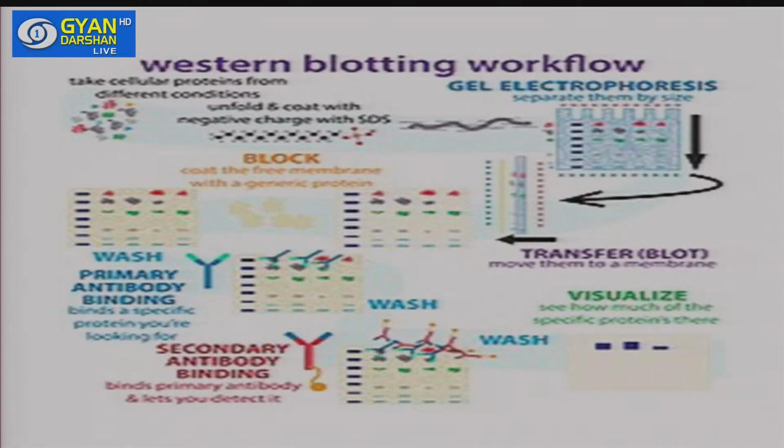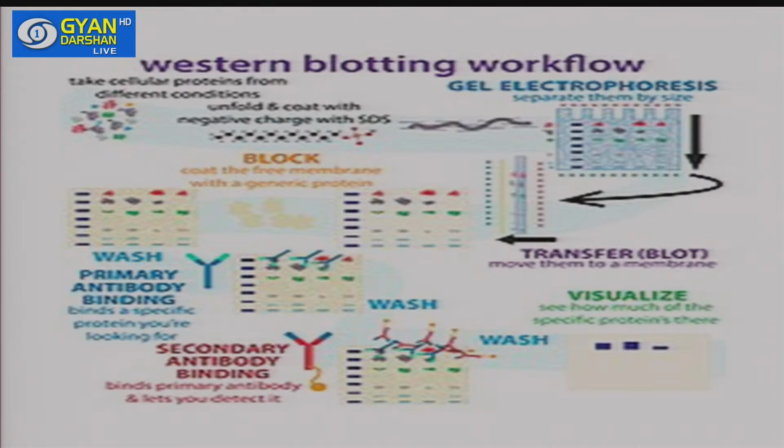That is, as I already discussed, you run the gel, then transfer it, blot, then block the membrane, then wash, then apply the primary antibody, wash it, then apply secondary antibody, and finally that secondary antibody is linked to some reporters, and then you add the particular substrate, and if the reporter is an enzyme, the enzyme will actually degrade the substrate and therefore there will be a band.